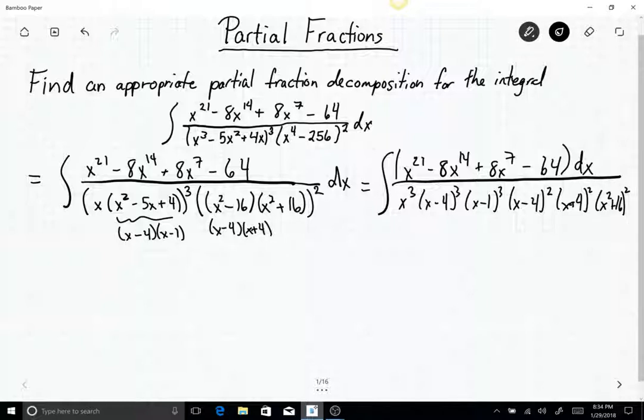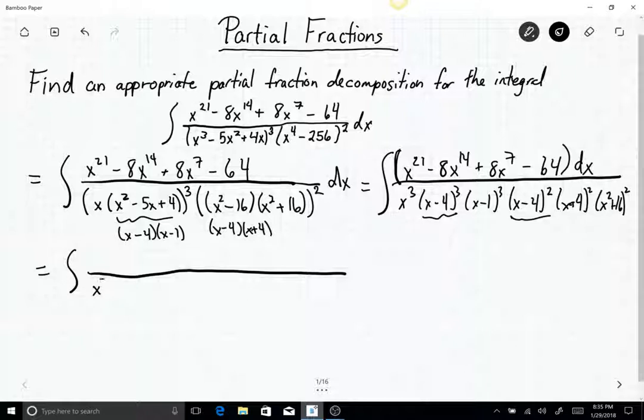Without further ado, where do we go from here? When you take a look at this factor and this factor, they are the same. You have two x minus 4s sitting there, so we have x minus 4 the quantity cubed and x minus 4 the quantity squared. That becomes just x minus 4 the quantity to the 5th.